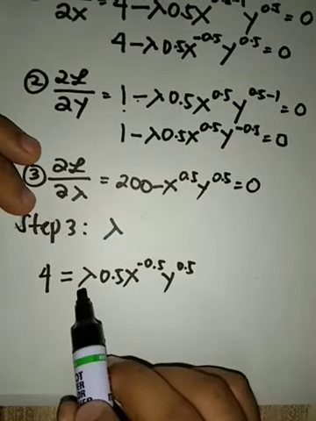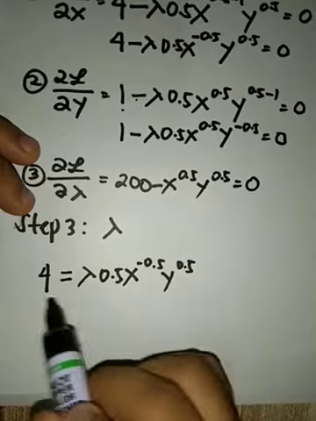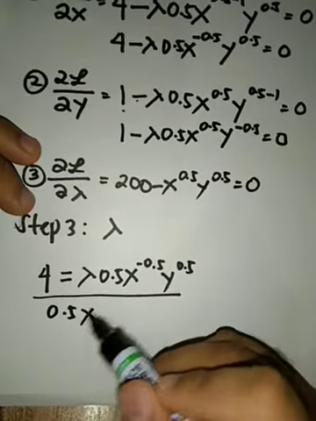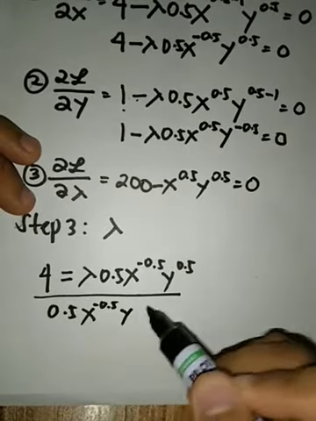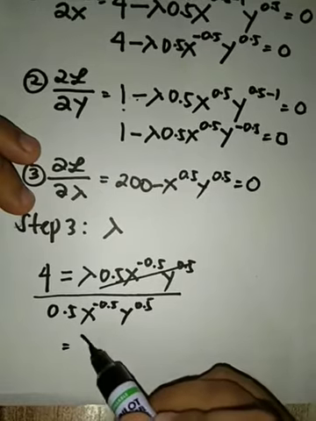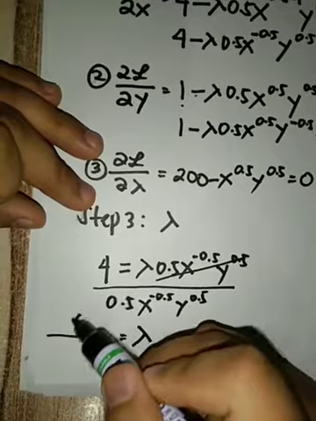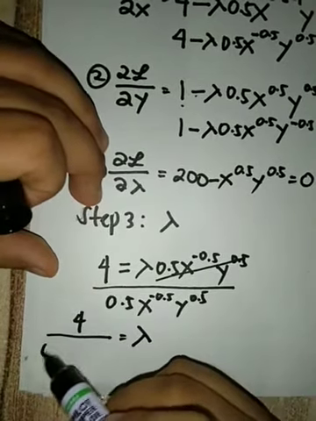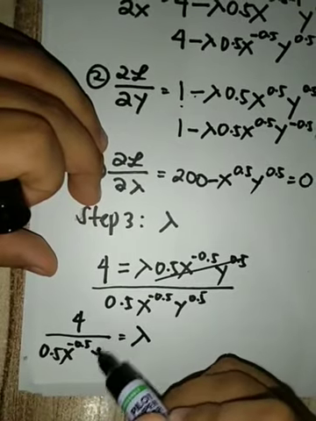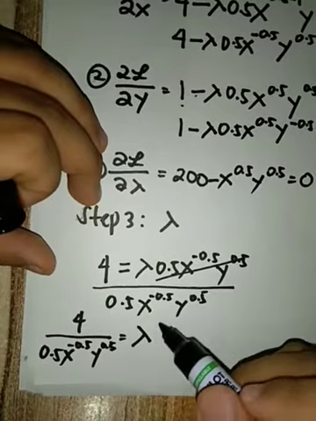Then to leave lambda on the right side, I will divide both sides by 0.5 x raised to negative 0.5 y raised to 0.5. Cancel out. What remains on the right side is just lambda. On the left side it becomes 4 over 0.5 x raised to negative 0.5 y raised to 0.5. Okay.